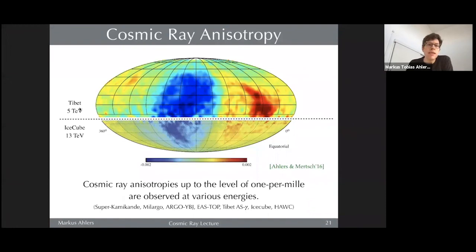For example, the Tibet array, as the name suggests, is sitting in the Tibetan mountains at, I think, of the order of 45 degrees latitude north. And this is the reason why over the course of 24 hours, this is the field of view of this observatory. So the coordinate system, coming back to your original question, is always with respect to the equatorial coordinate system, simply coming from the rotation of the Earth.